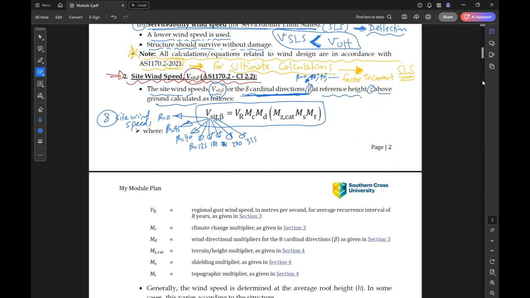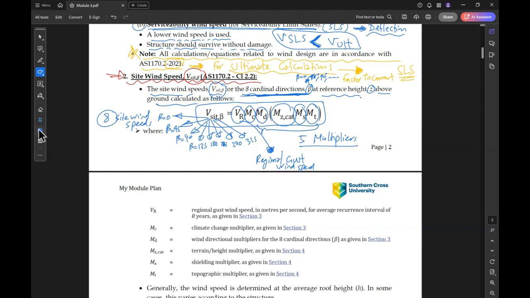So how to find V site beta? V site beta is equal to VR times MC times MD times MZ category times MS times MT. So we have VR, called the regional gust wind speed, and we have these 5 multipliers.